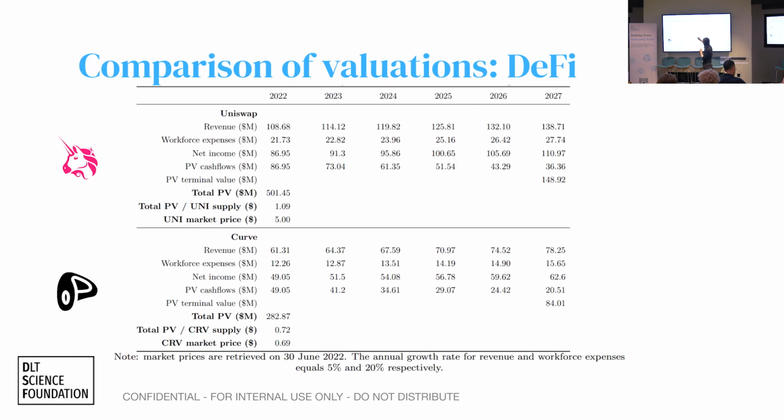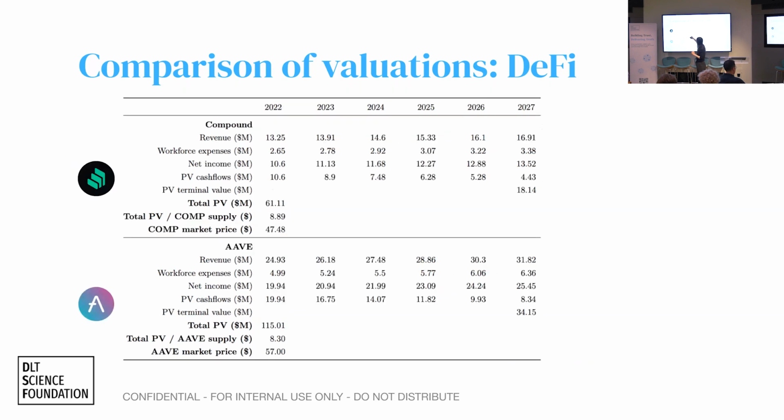Here, if we see, okay, the exchanges, not under, not over, more or less correctly priced, Uni 5 times overpriced, then you will see here Compound and Aave, the lending protocols, massively overpriced. You can see that the fair value was around 8, 9, and the market price back then was 47.